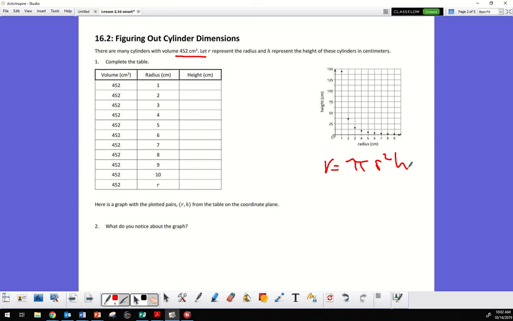Divide. So I'm going to divide both sides by pi and r squared, not h, because I'm trying to get h by itself. I'm going to get rid of both of them. Pi r squared over pi r squared cancel on the right-hand side, so I should have h is equal to V divided by pi r squared.